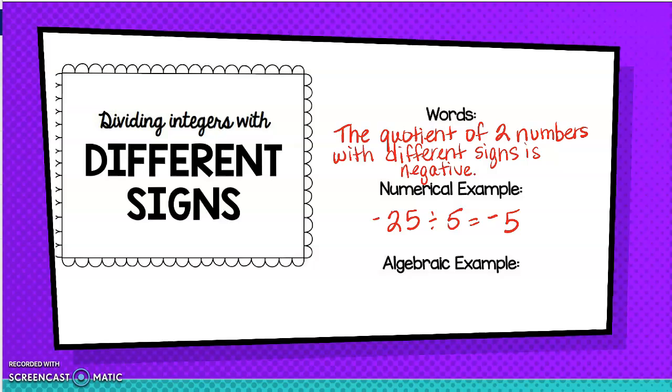So that means my answer will be negative. So the algebraic example would be negative a divided by a positive b would get me a negative answer.